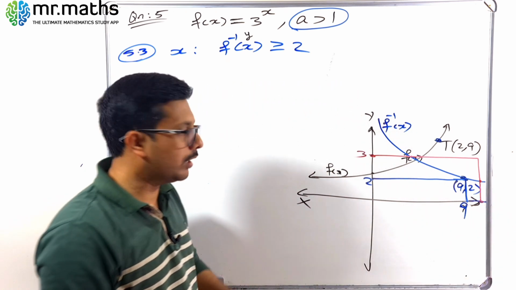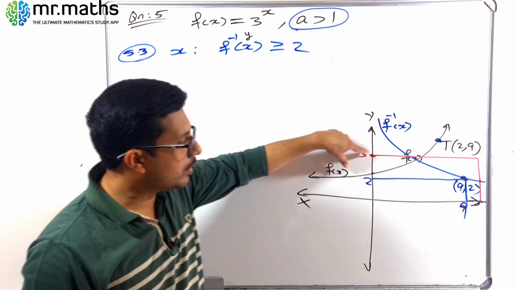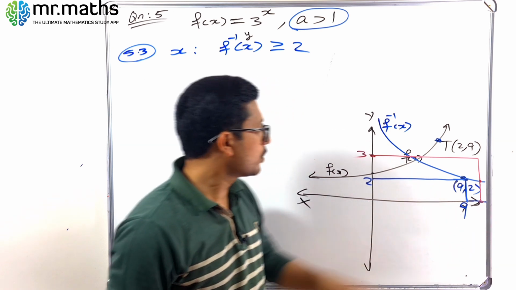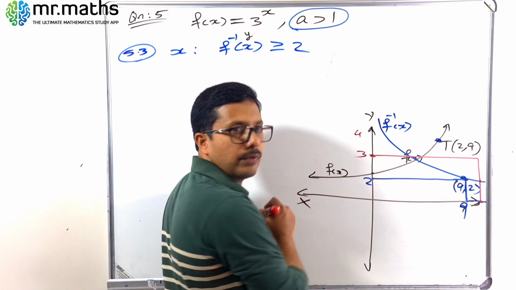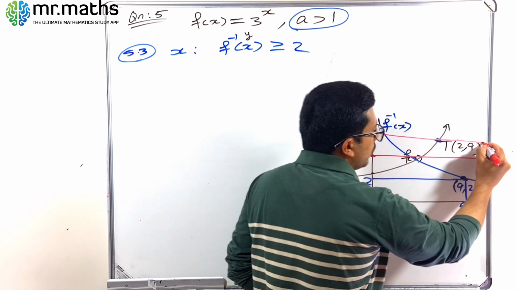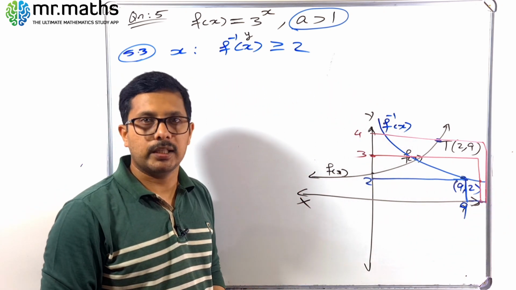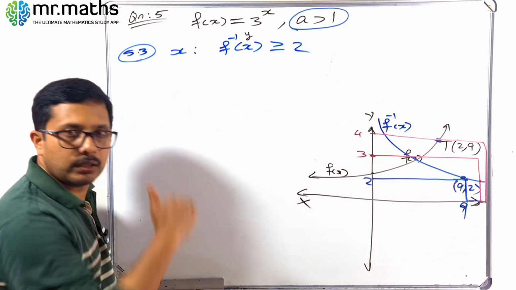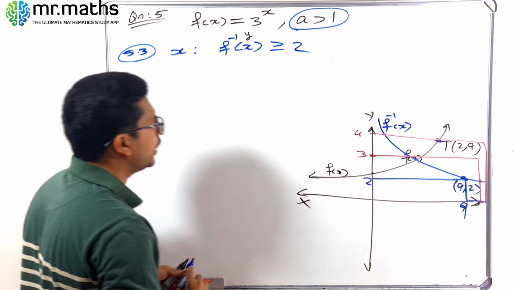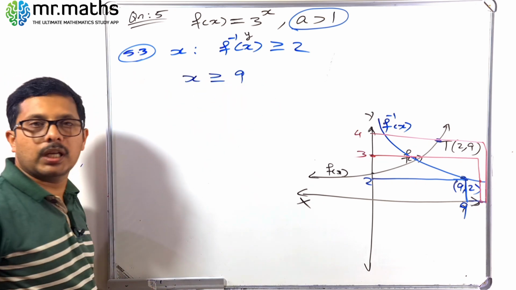When I took y greater than 2, I am getting an x value greater than 9. If I take y as 4, that is greater than 2, there also I get an x value greater than 9. So when y is greater than 2, x is greater than 9. So the answer is x is greater than or equal to 9.